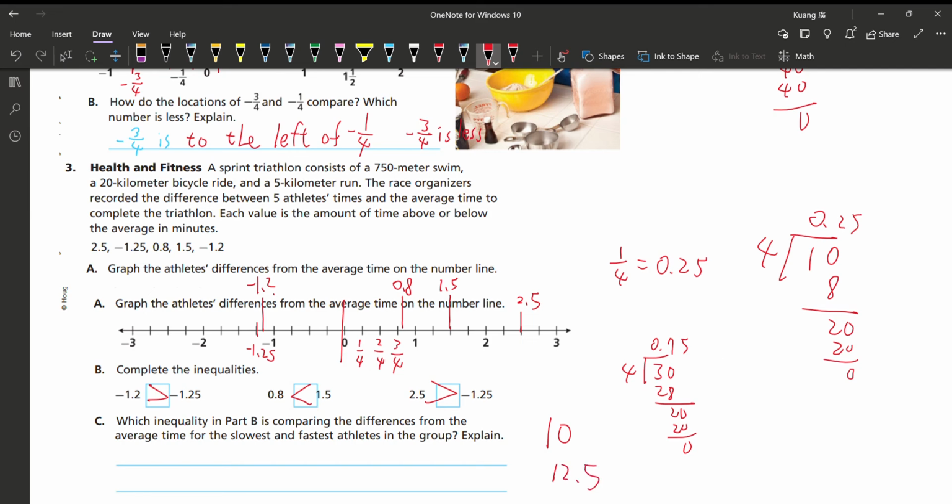So it takes longer for you, so you are slowest. The fastest is negative 1.25. That means if the average time to complete the competition is 10 minutes, then your result is less than 10 minutes. You finish in 10 plus negative 1.25, which is 8.75. If you use only 8.75 minutes to finish the race, you are fastest.